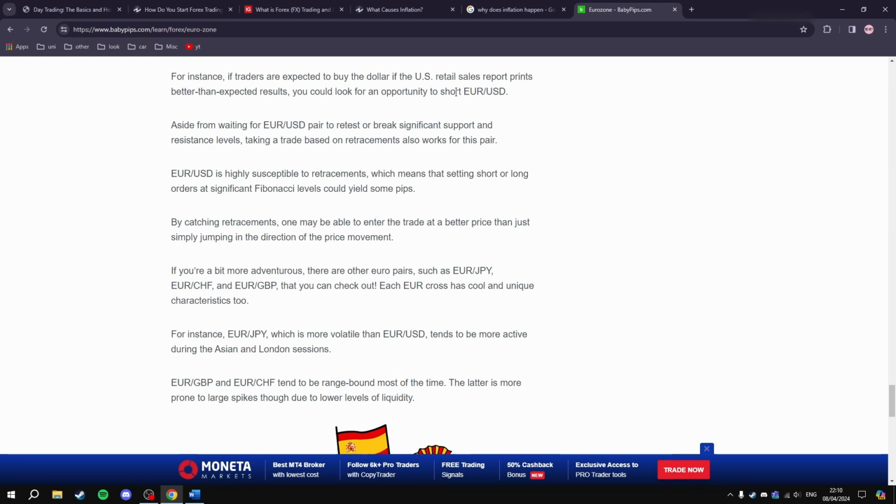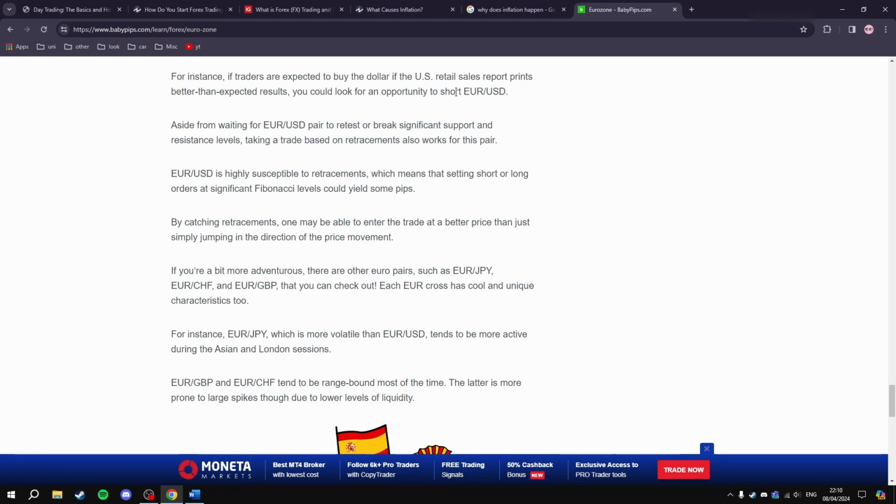So, if you're hoping for the dollars to increase in value, short Euro USD. What you're trying to do here is sell USDs to buy euros.